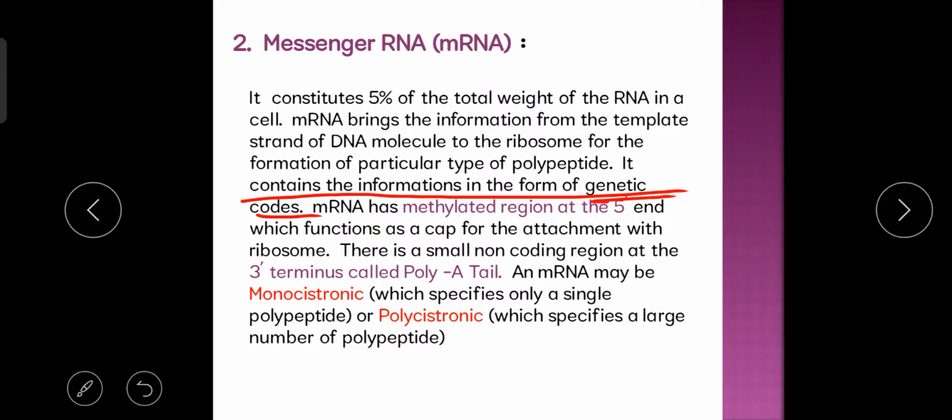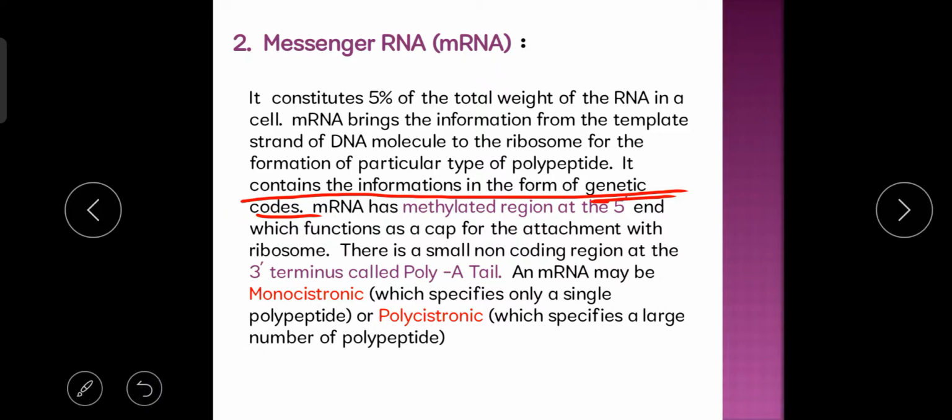Remember, this is very important because all the different types of proteins are produced from this messenger RNA. Ribosomal RNAs only help in the production of ribosome. This way they help in the production of protein. And messenger RNA directly carries the information from DNA to the ribosome for different protein production, and they carry this information in the form of this genetic code.